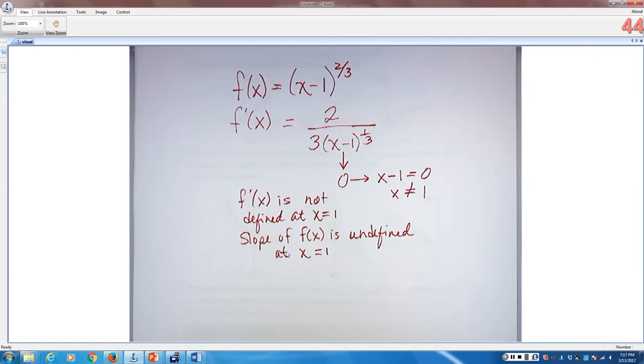That makes x equals 1 a critical number. Because remember, your critical numbers are either where the derivative is equal to 0 or where it's not defined. So that critical number is 1.